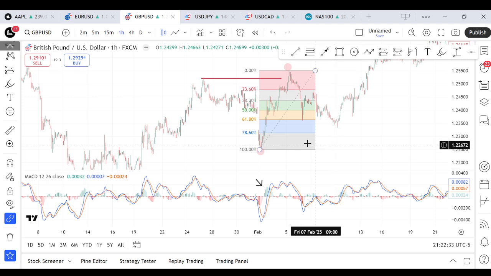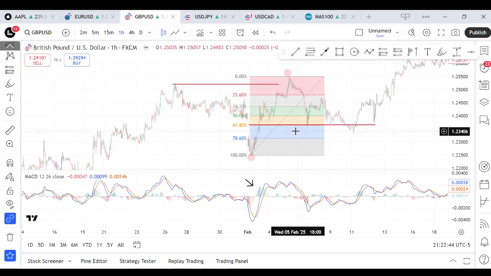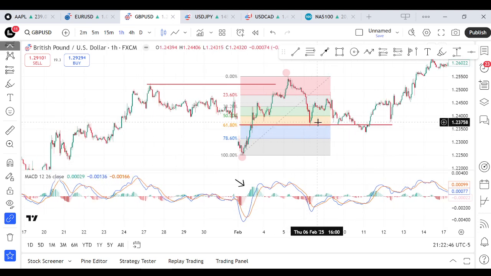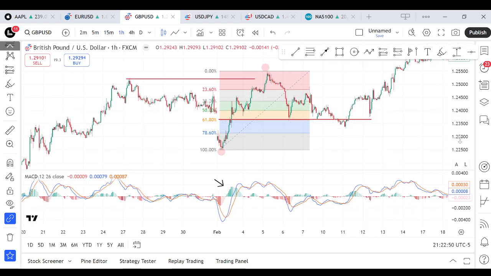So for instance, you can look at this chart. Price reacted at the 61.8 level here. Actually, price reacted the first time, but then we had another reaction here. So let me quickly go over this.